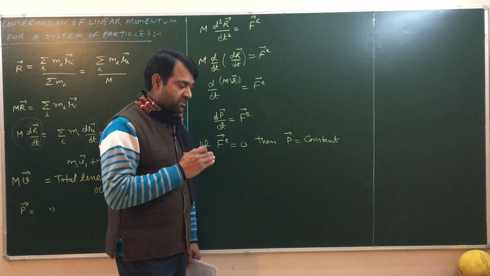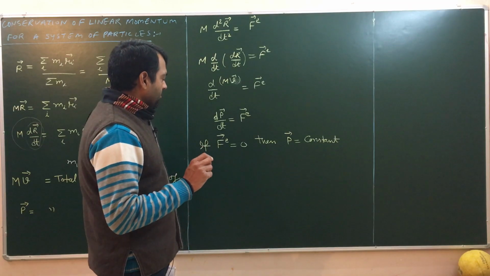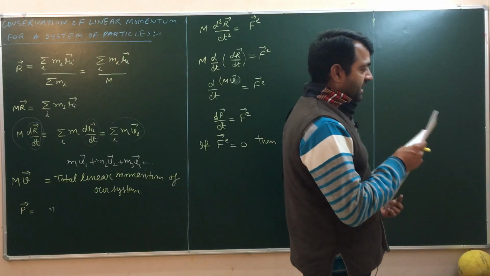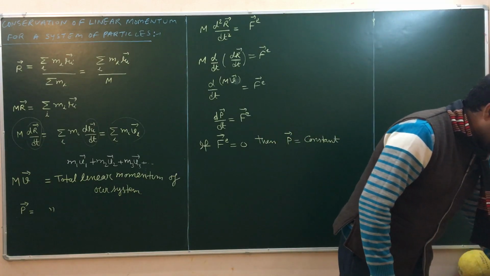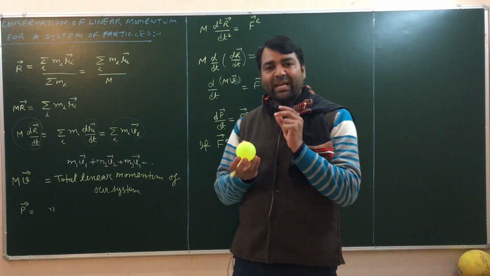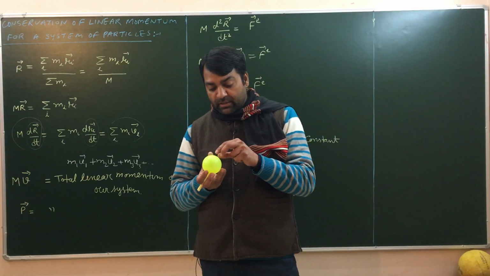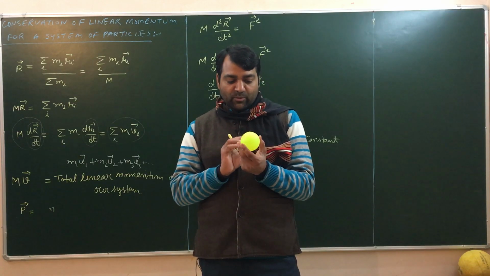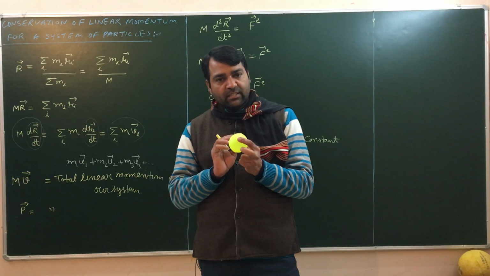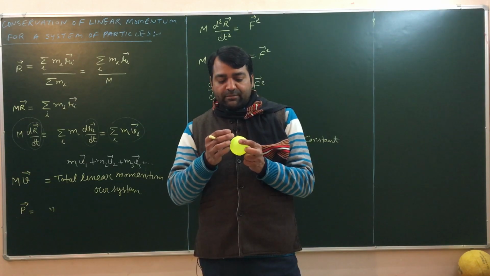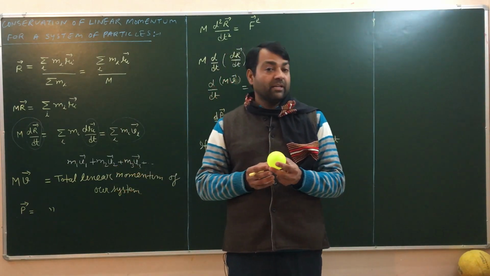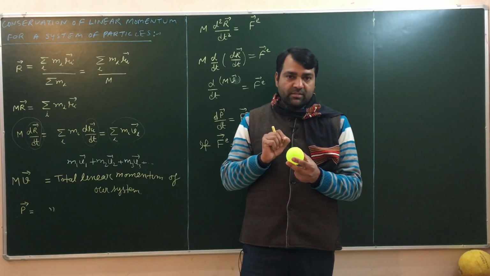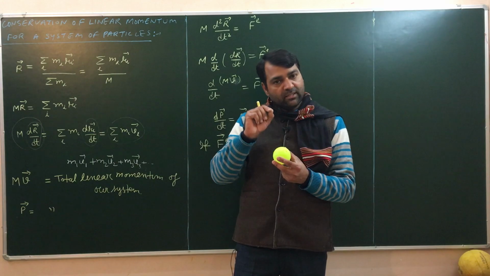It cannot change. Dear student, let's come to our yesterday's example, which was an exploding shell. Students, say it's a shell and it's going to explode, and the force of the explosion is just internal. There is no external force in this explosion. In that case, after the explosion it turns into many fragments and they move in different directions, but the center of mass will remain at the same point.